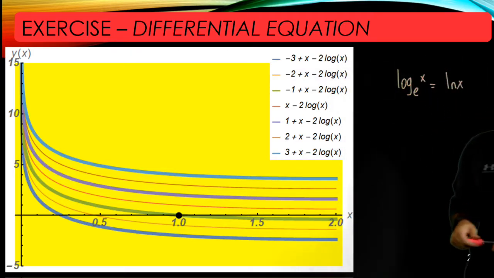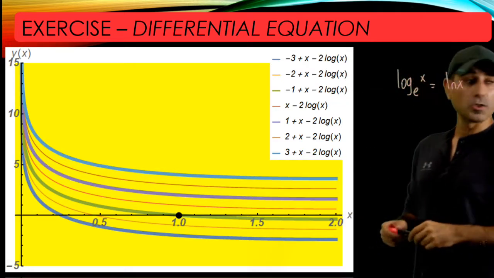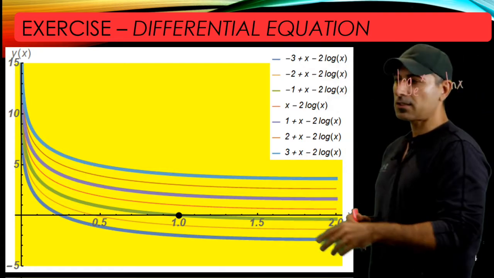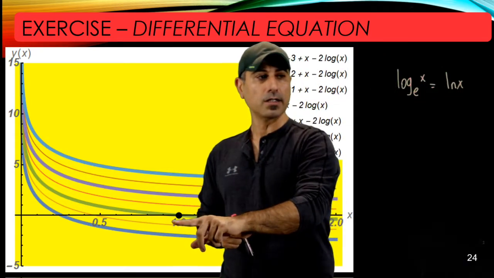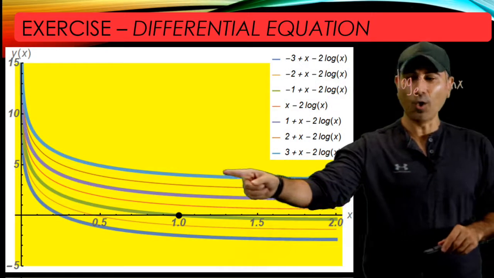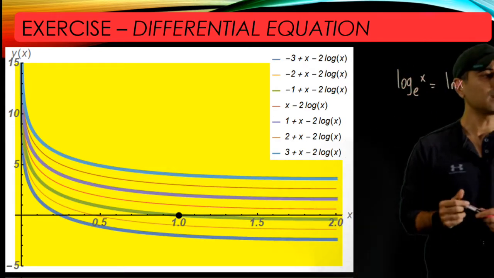And in particular, the green plot here is the one that corresponds to the particular solution, the curve passing through the x-intercept (1, 0). The green one is the only one that passes through (1, 0).